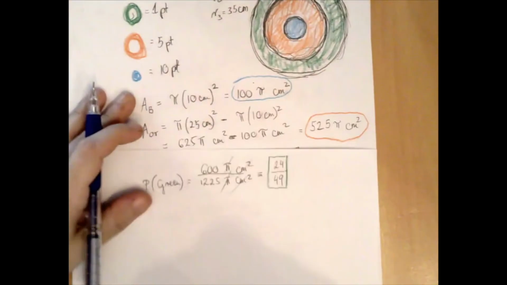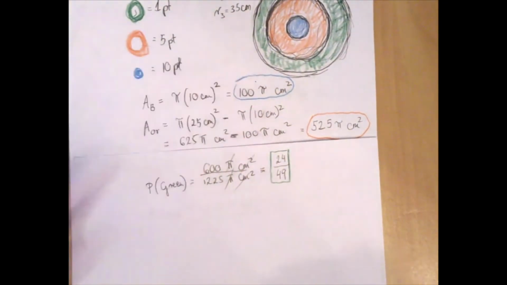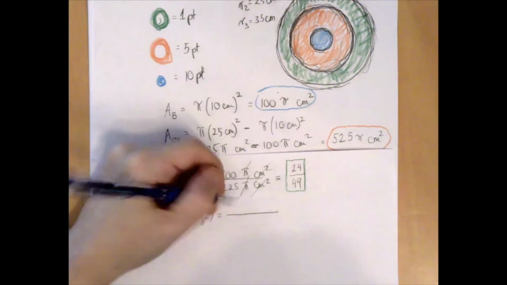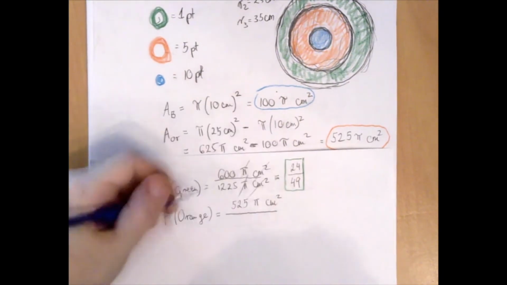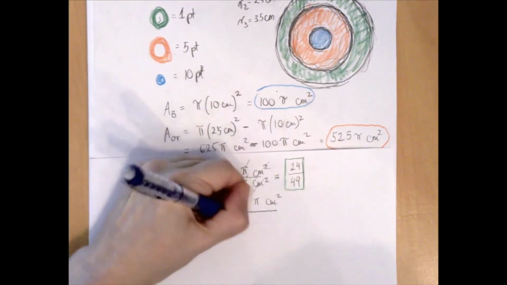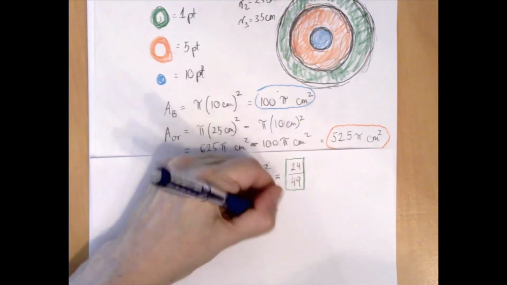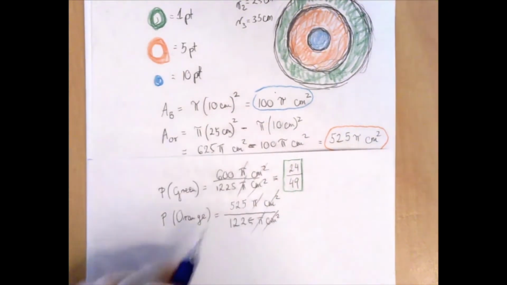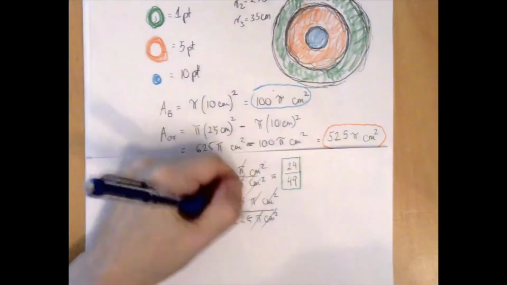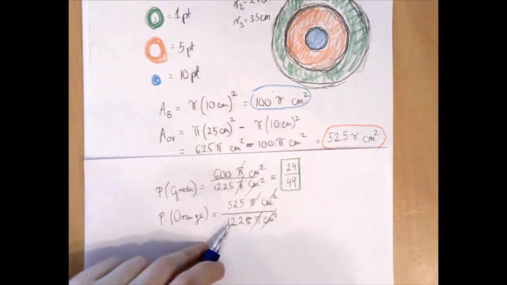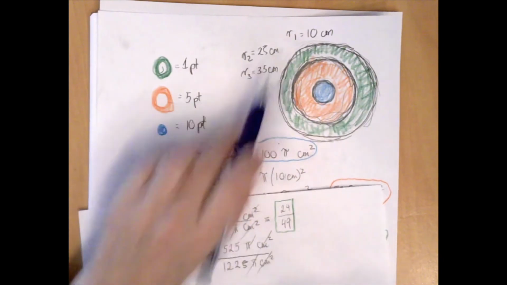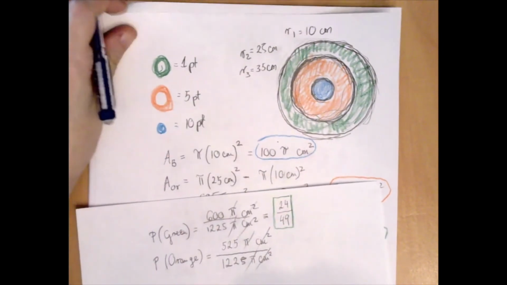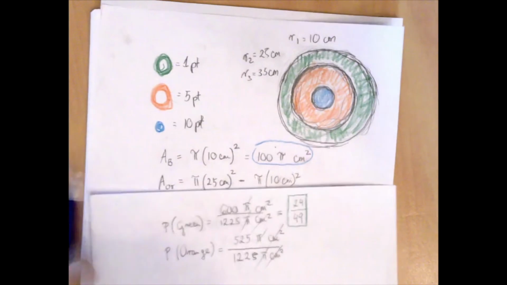All right, let's see the next one. What is the probability of landing on an orange point? The orange area is 525 pi square centimeters, and the total area is not going to change, it's 1,225 pi square centimeters. We're always going to be able to simplify by 25 because the radii 10, 25, 35 are all divisible by 5, and after squaring, every number is divisible by 25.